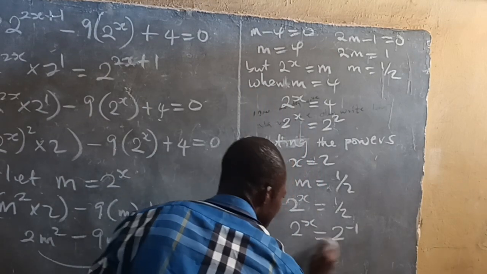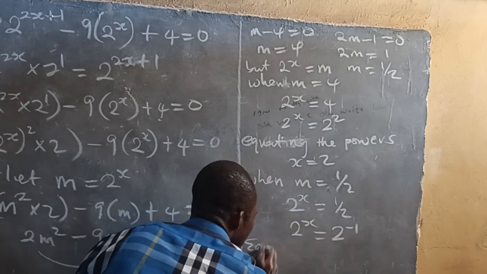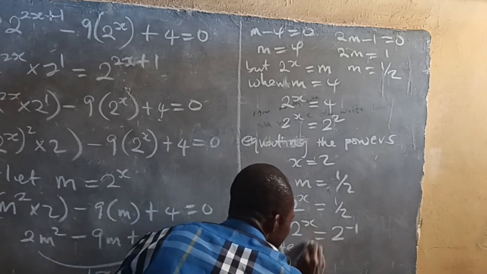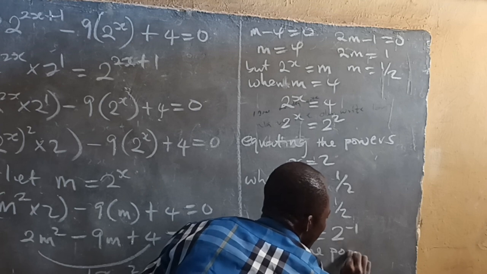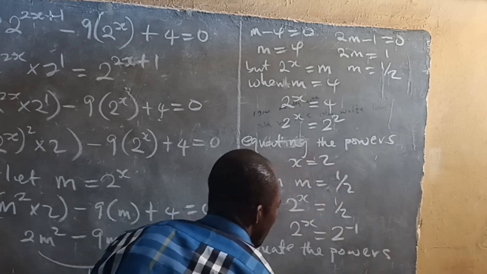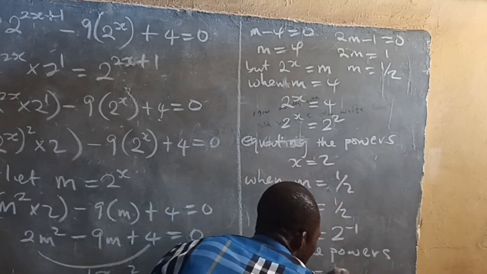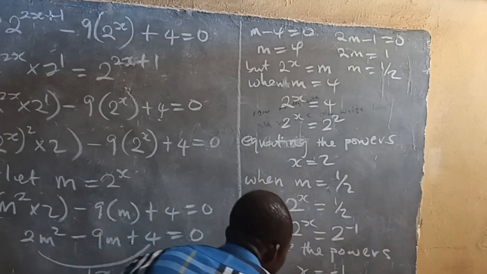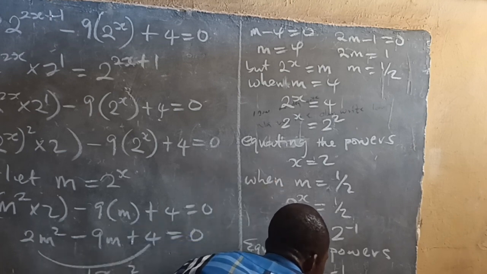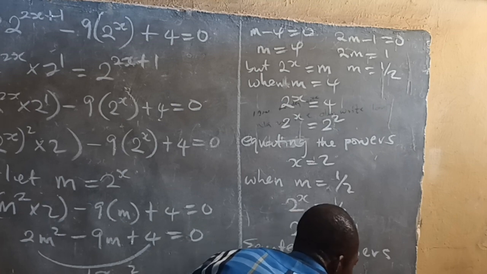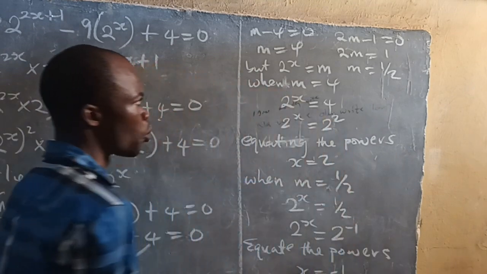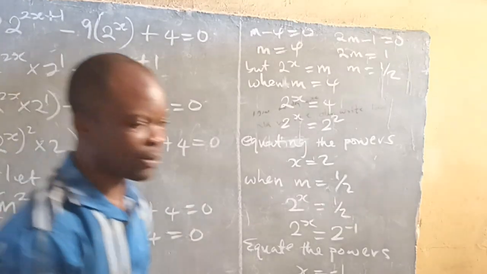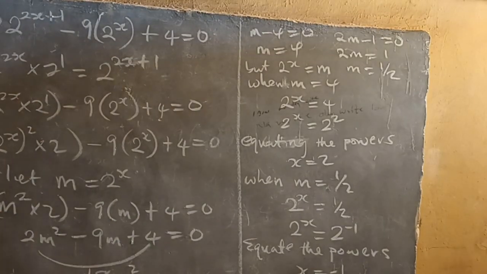Since the bases are equal, we also equate the powers, so x is equal to minus 1. Therefore, our x is equal to 2 and our x is equal to minus 1. That will be the solution of the exponential equation.